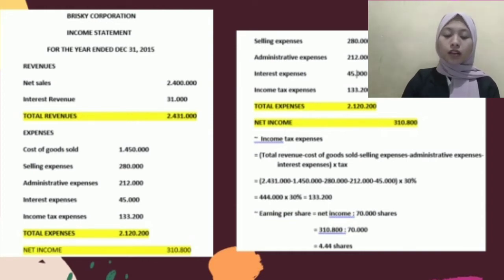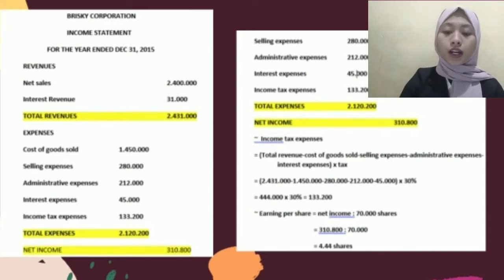Selling expense, $280,000. Administrative expense is $212,000. Interest expense, $45,000. Income tax expense, $133,002. And total expense of $2,120,200.